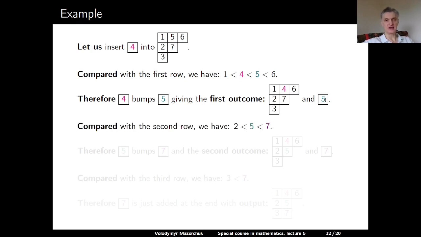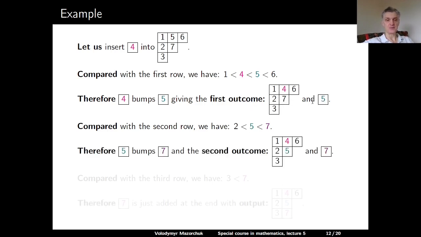And now we need to insert 5 into the second row, 2, 7. Again, 5 is not greater than 7, but 7 is the smallest integer in this row which is greater than 5. So 5 will bump 7, and we get a tableau 1, 4, 6, then 2, 5, 3, and 7 is bumped. And now we need to insert 7 in the third row.